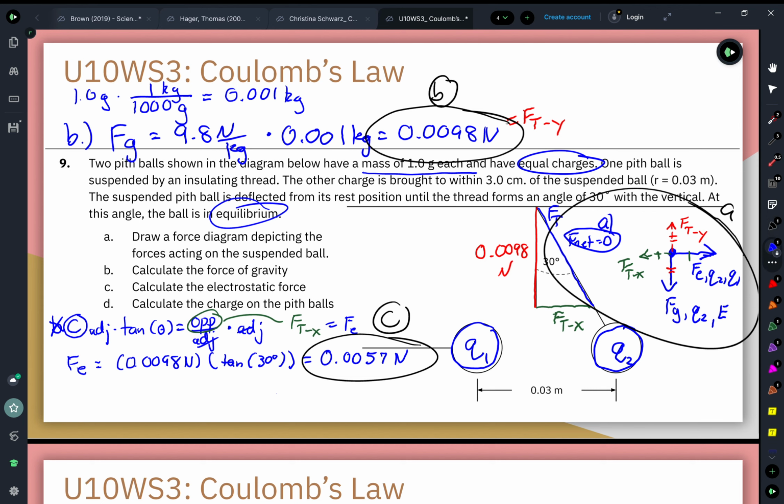Part D is where we're going to be determining the charge on the pith balls. That is where we can finally use Coulomb's law. The electrostatic force is equal to one charge times the second charge times the constant divided by the radius between them squared. I'm not saying it's Q1 or Q2 because in this problem we're told they are equal charges.